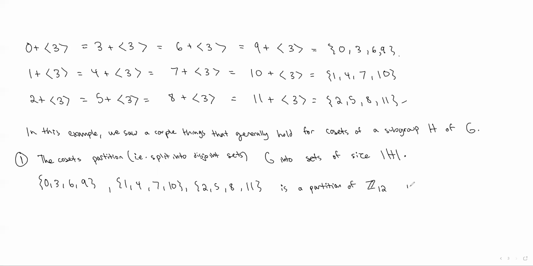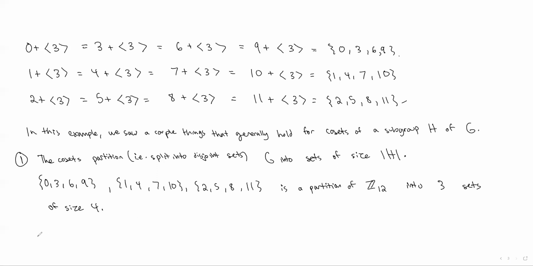It's a partition of Z12 into 3 sets of size 4, right? So Z12 is just all those elements: 0, 1, 2, 3, 4, 5, 6, 7, 8, 9, 10, 11. If you look at the cosets of H, it always partitions the group into some number of sets.